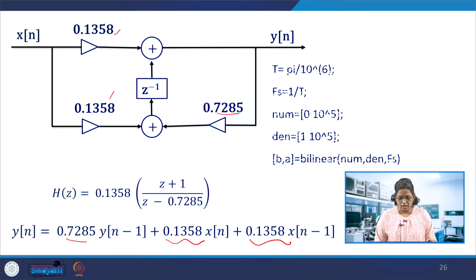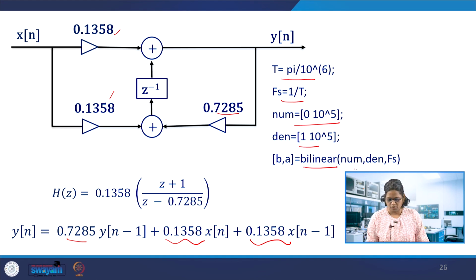The piece of MATLAB code gives the same Ts we have fixed, and Fs, numerator 0 and 10 power 5, and denominator also. You can get the numerator polynomial and denominator polynomial from this discretized version. The bilinear is a built-in function like impulse invariant. Numerator, denominator, Fs, and you get the coefficients 0.2, 0.7285.